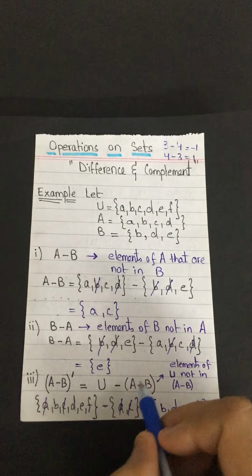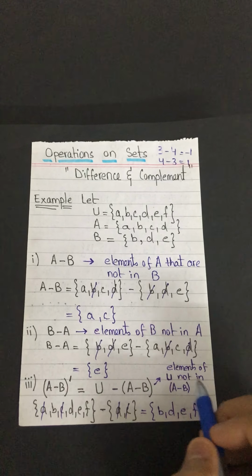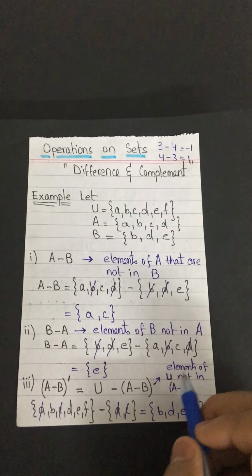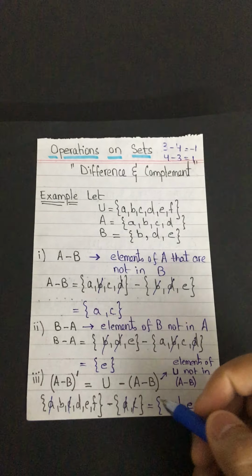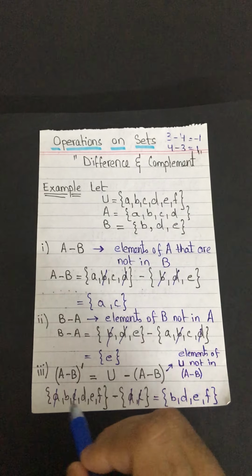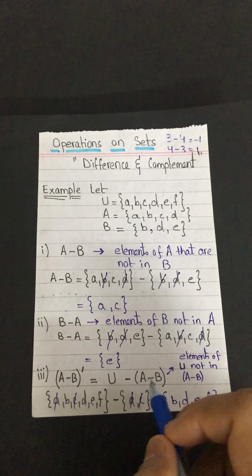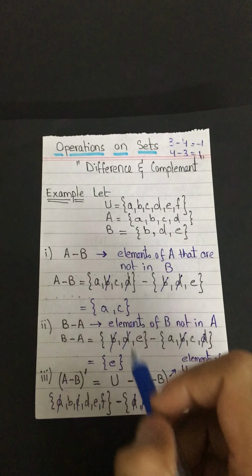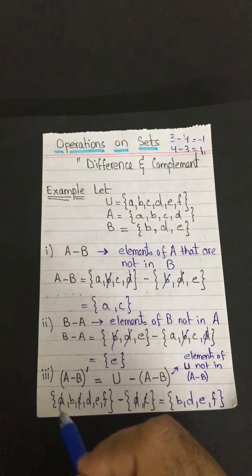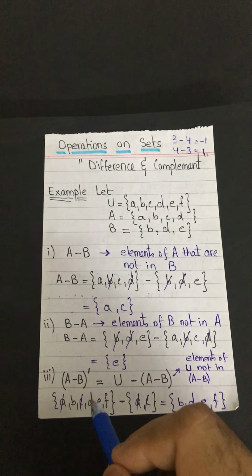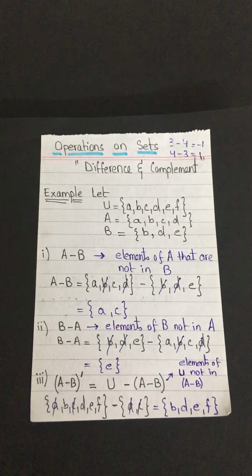If I want to describe it, my answer will be elements of U that are not in A minus B. So I have to find the elements of the universal set that are not in A minus B. So what will I do? I will just write all the elements of the universal set A, B, C, D, E, F, and then I will write the answer of A minus B, that is A and C, and then I will cancel out all the common elements and I will just look at the first set to see what is remaining. B, D, E and F are the remaining elements, so this is the answer of (A minus B) whole complement.